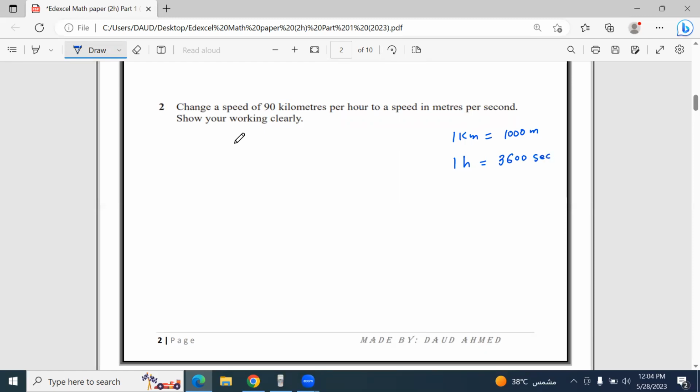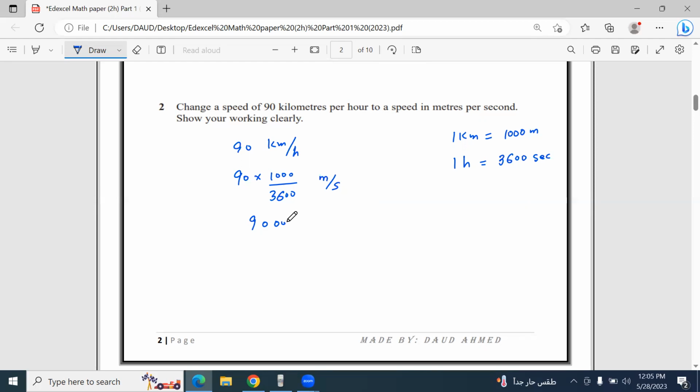So here we have speed is 90 km/h. So we will change 90 km/h into meter per second. That means 90 multiply by 1000 divide by 3600. Now it is in meter per second.